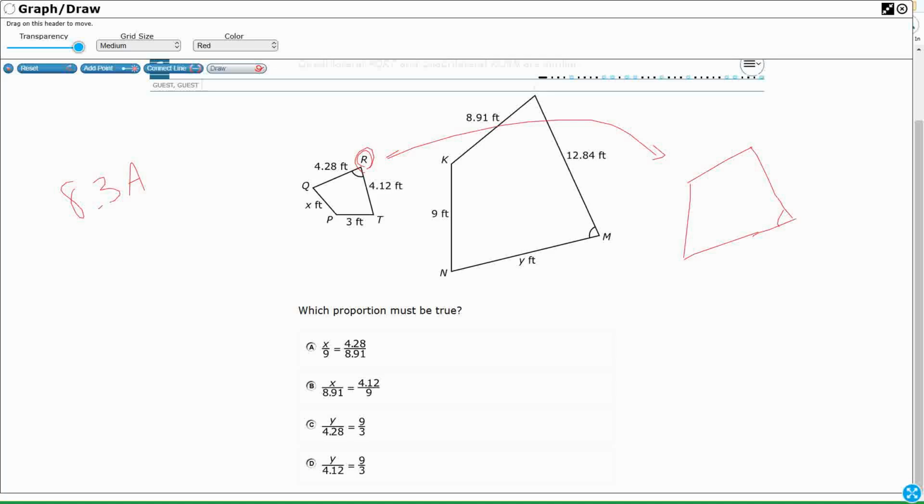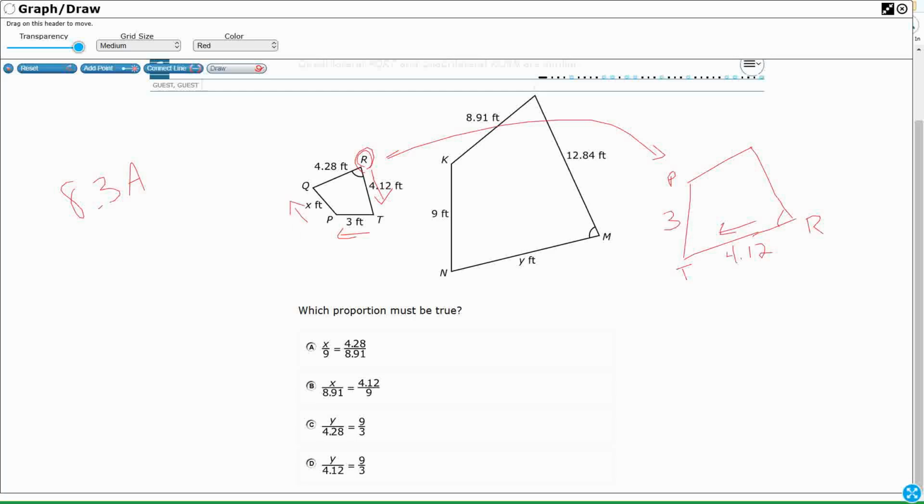Okay, so this one is R. Now, I'm going to use a counterclockwise direction, so I'm going to go this way, and I'm going to go to T, which means this is from R to T, 4.12. So just pick a direction. I'm going counterclockwise. Counterclockwise, I'm going to go P, and so T to P is 3.